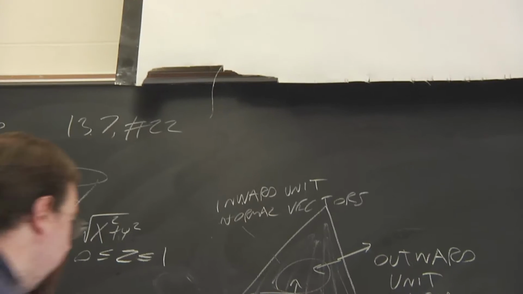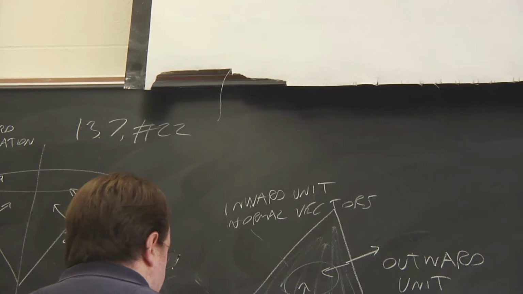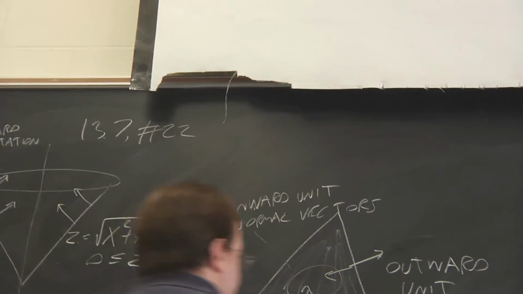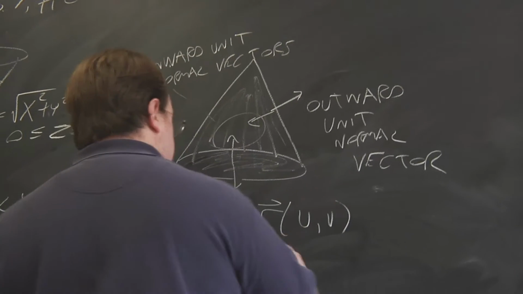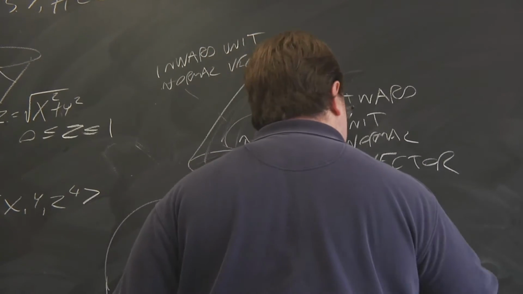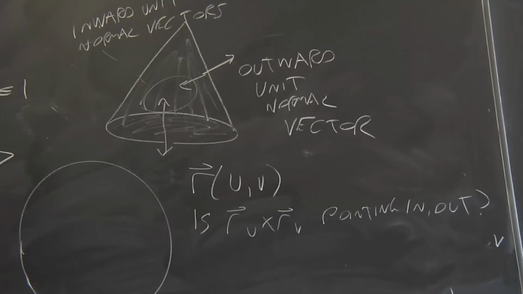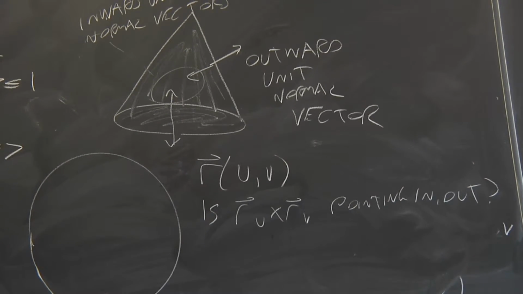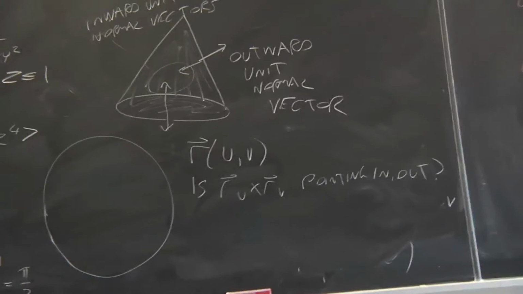So for example, let's take a look at the unit sphere. If I choose a parameterization of a sphere and compute r_u cross r_v, it's going to give me either the outward unit normal vector or the inward one.